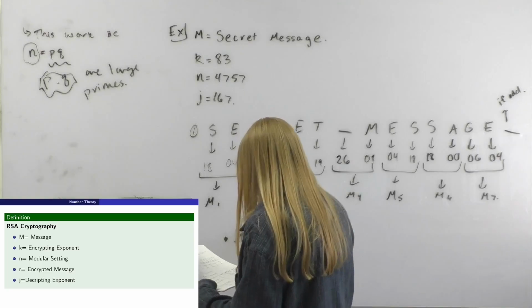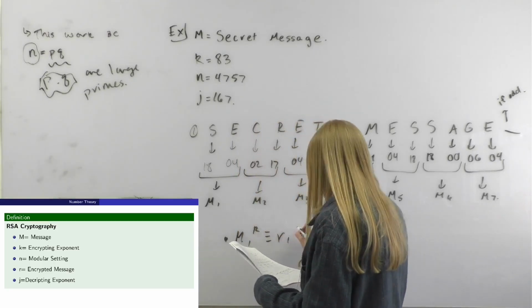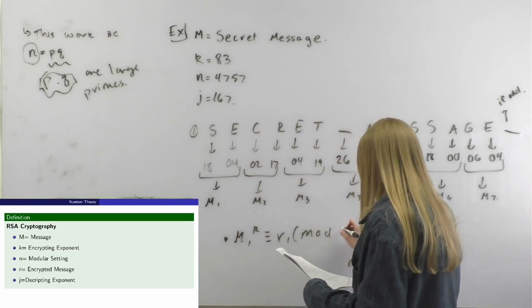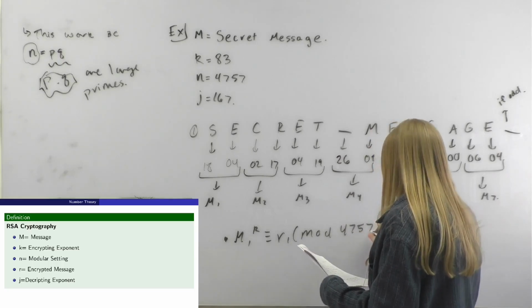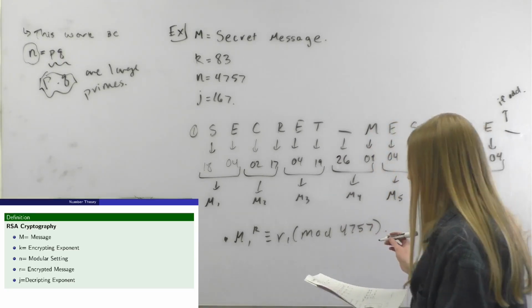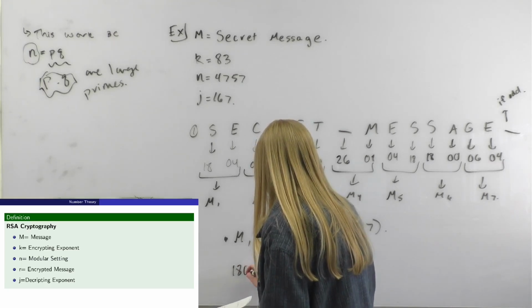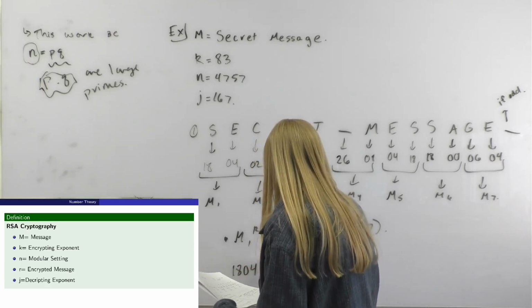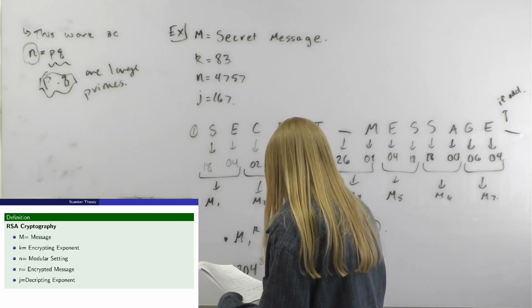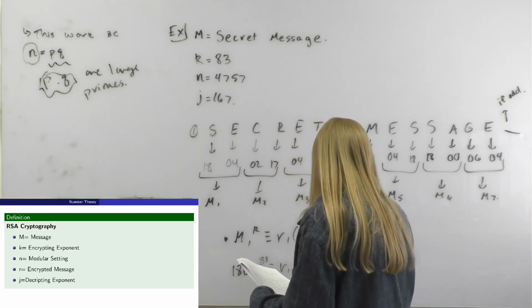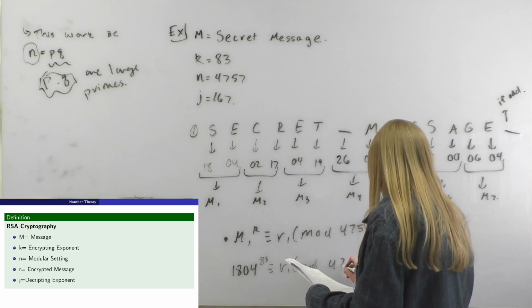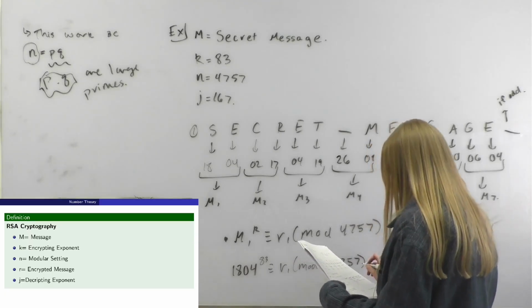Okay. And then we're going to have M1 to the K power be congruent to R1 mod 4,757. Okay. So this is 18,004 raised to the 83, which is congruent to R1 mod 4,757.